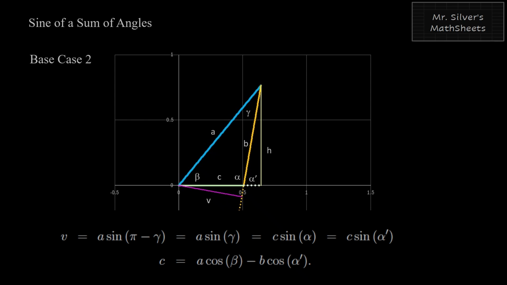It's a cosine beta, that's the whole length to h along the axis, minus the dotted line, which is b cosine alpha prime. So it's a difference, not a sum this time. Another difference is that v is now below the baseline, but it doesn't really change anything about how you would calculate v.